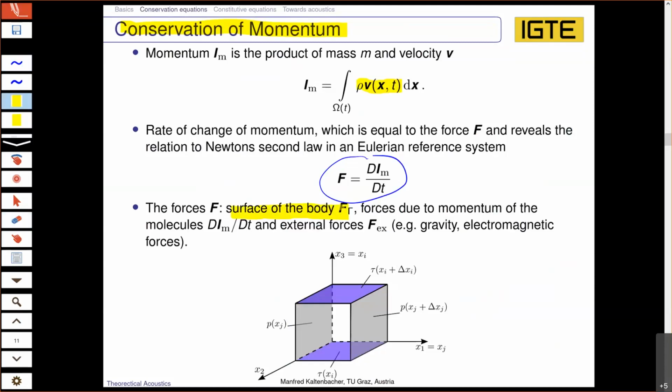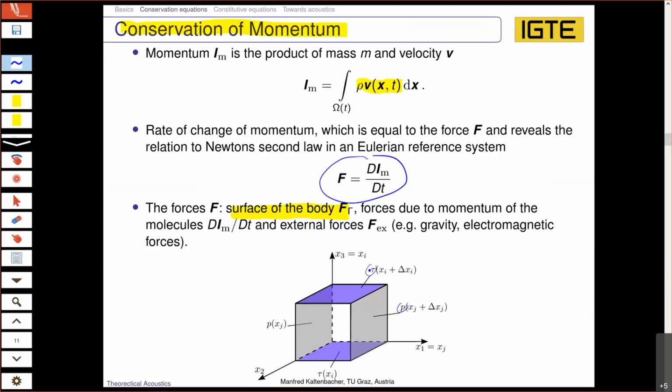What are the standard surface forces we have on fluids? Do you have an idea? There are already some symbols we have here. So here we have this P, and here we have tau. So P is the pressure.